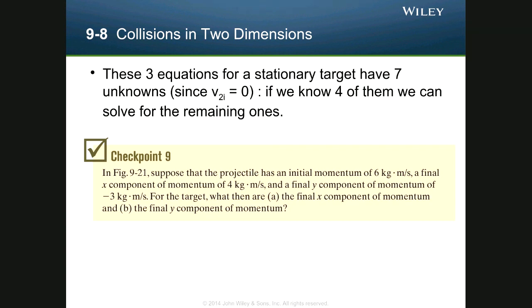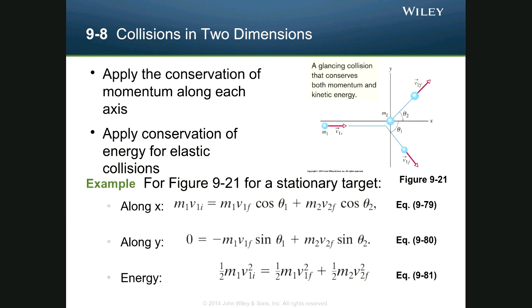Let's look here. These 3 equations, for a stationary target, have 7 unknowns. Let's go back to a clean slide and count them.